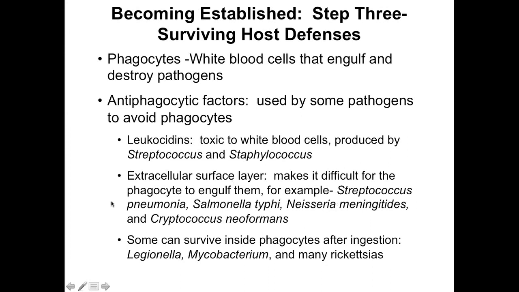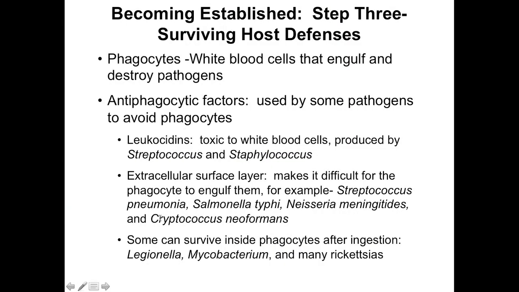That works out well. An external surface layer, so your slime layers, your capsules, your biofilms, makes it very hard to phagocytose you because you become too slippery. Once you're slippery, the phagocytes can't grab onto you enough to pull you in. Then some don't even care if they get phagocytosed, they just survive inside the phagocyte.